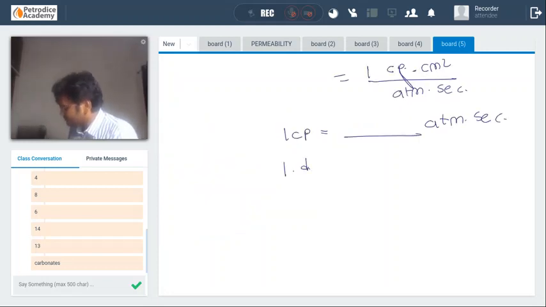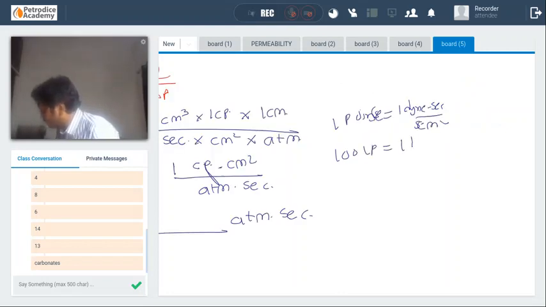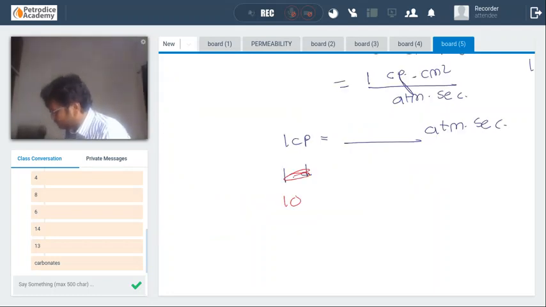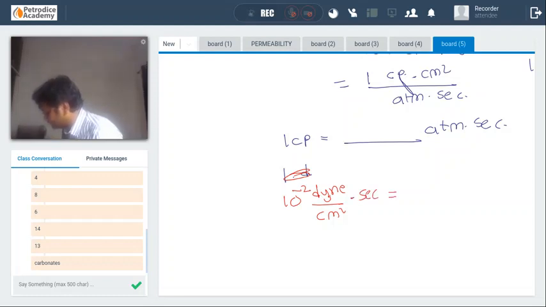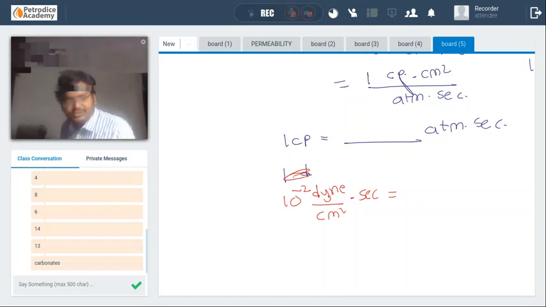So 100 centipoise is equal to 1 dyne second per centimeter square. That means 1 centipoise is 10 to the power minus 2 dyne per centimeter square dot second. You need to convert dyne per centimeter square to atmosphere. It is best to first convert it into pascals, and from there you can convert it into atmosphere.